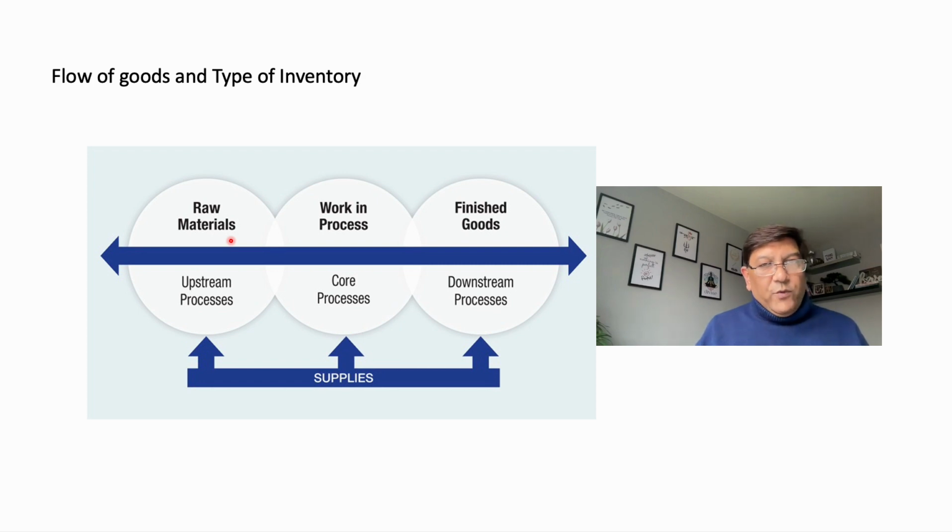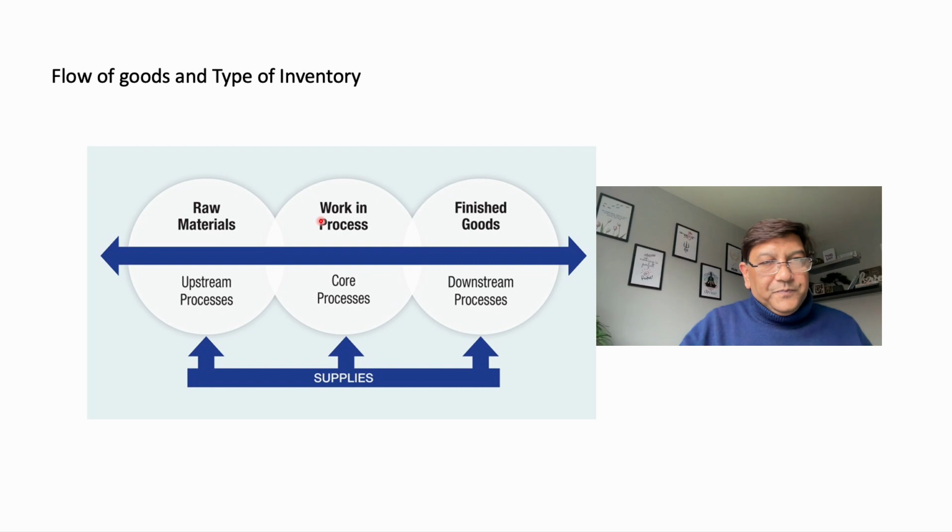Now, the second type of inventory is work in process. Work in process could be the assembly line, where we are transforming that raw material into a finished product. So work in process is an assembly line or a manufacturing unit. Some of the inventory is in the warehouse, but the inventory in that process is also an inventory.